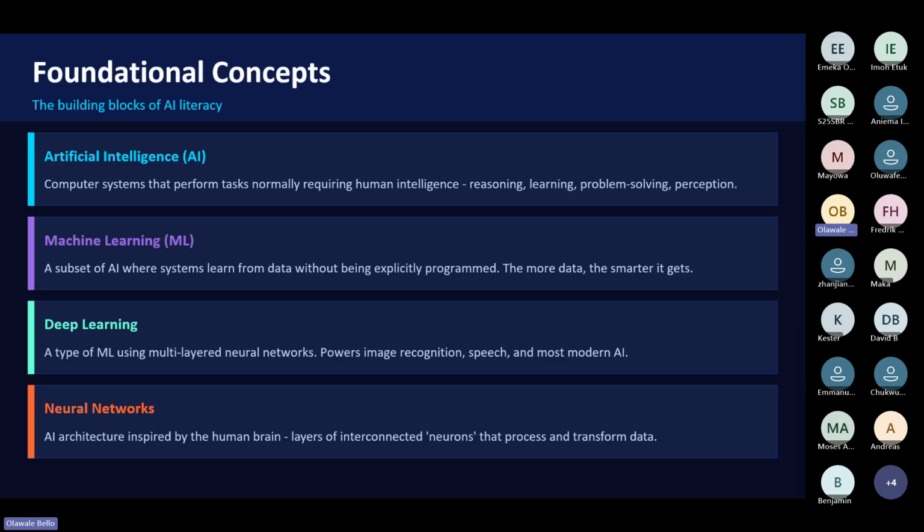So first off, artificial intelligence itself. We've talked about the history of artificial intelligence, and we've talked about the 2 categories of artificial intelligence, generative and non-generative. But what is the primary purpose of artificial intelligence itself? If you want to define it, it is a broad field within computer science that is focused on building systems that can perform tasks that would normally require human intelligence.